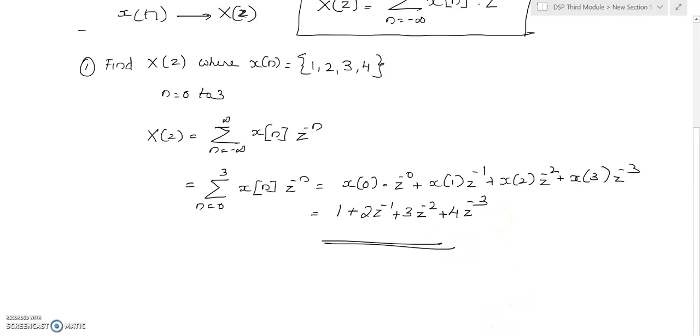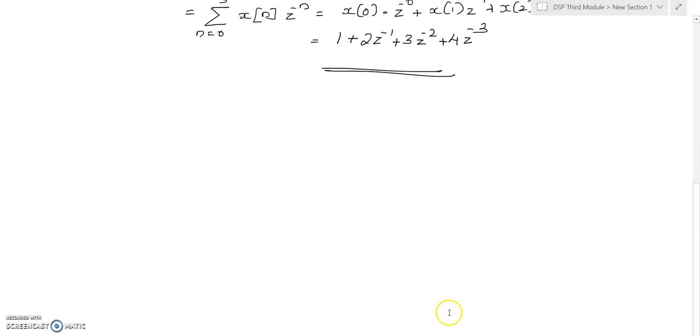Now let us look at it from a different perspective. Say I give you another question where you have to find x of z for x of n that is 3, 2, 1, 2, 3, where the arrow comes under the 1.